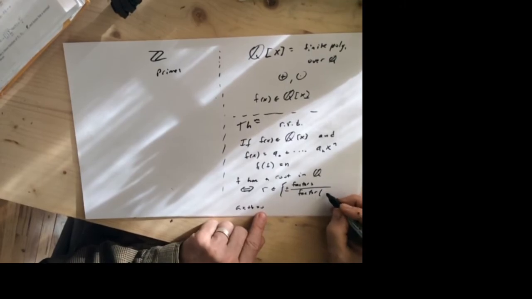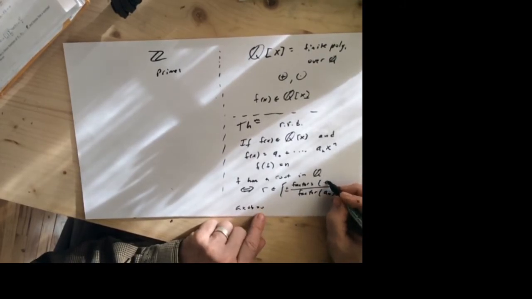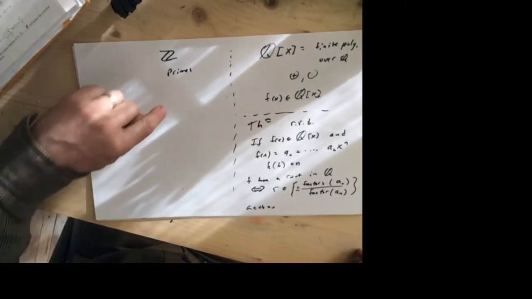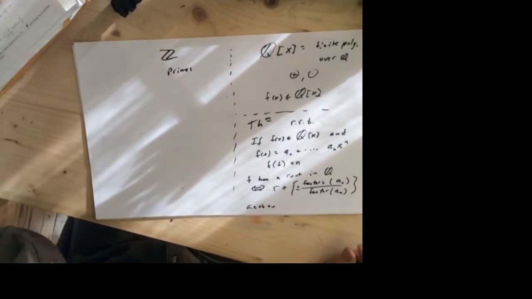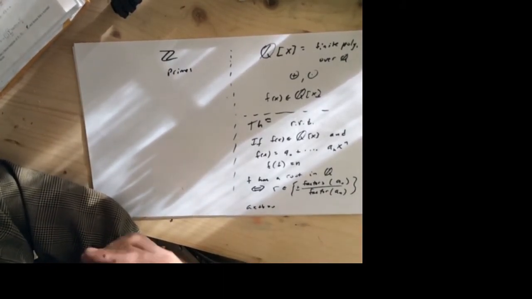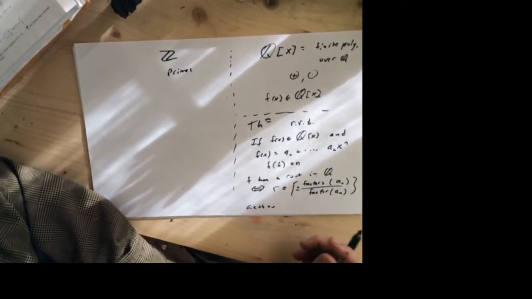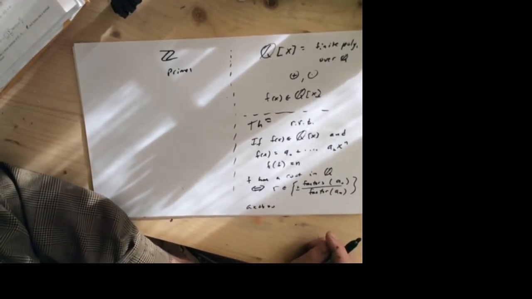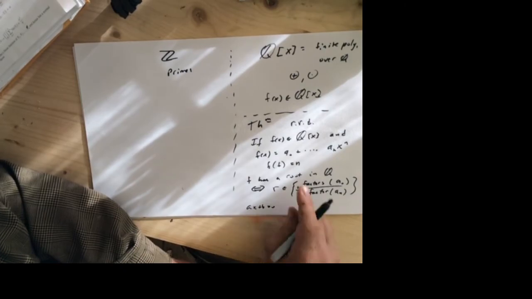So this is factors of the leading coefficient, and up here is factors of the constant. Now, over here, how we determine primes, well, we have lots of different tests. There are tests similar to this, but this is basically what a prime looks like in a polynomial field.